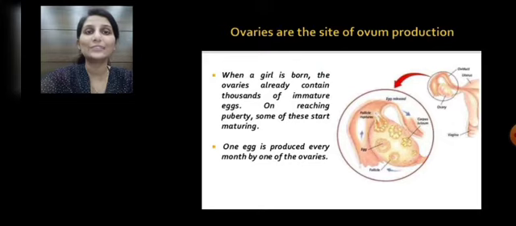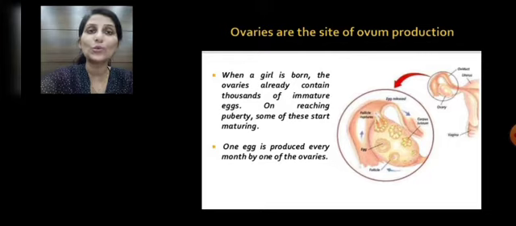Once after her birth, she finishes her childhood and enters into puberty. Once she enters into puberty, the egg starts to mature, and every month one egg is released out of the ovary.